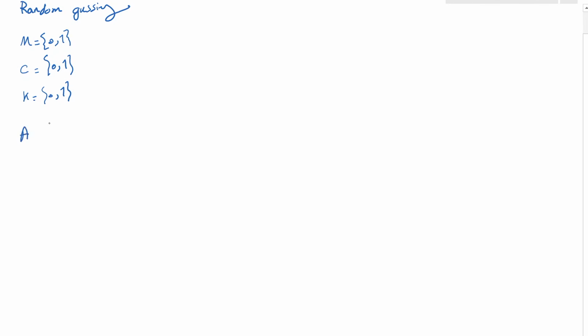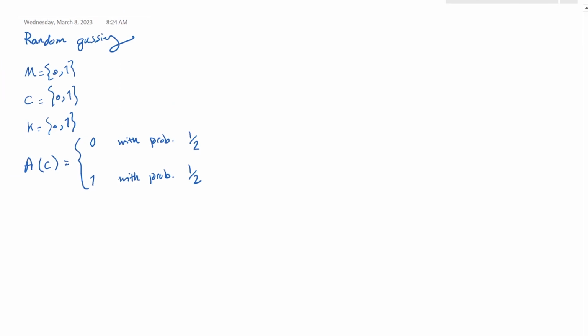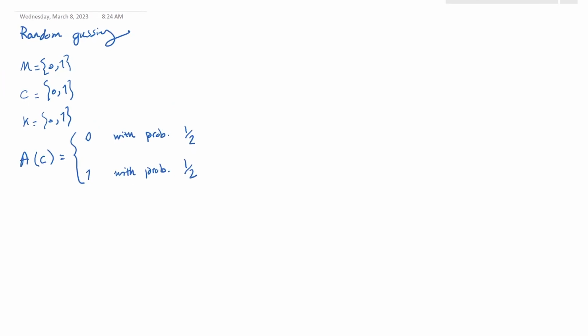So the adversary A, given the ciphertext, this is the way that the algorithm works. The adversary's algorithm would output 0 with probability a half, and also output 1 with probability a half again, right? He would just do a random guess. And we want to do a computation and find out what his winning probability is.